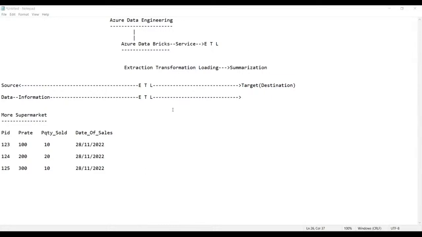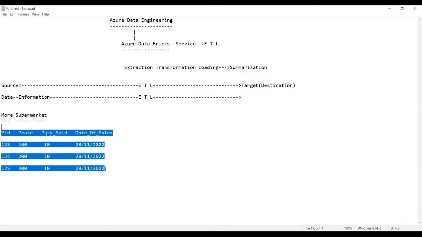Okay, now we have this. This is the first day's data. Now on the second day also the data is recorded.